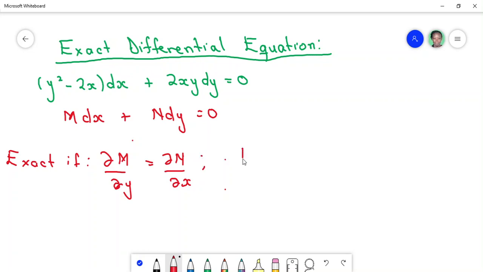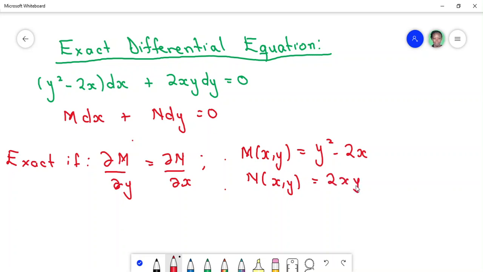We have M(x,y) equal to y squared minus 2x. Then I have N(x,y) equal to 2xy. So let's check if it is exact.